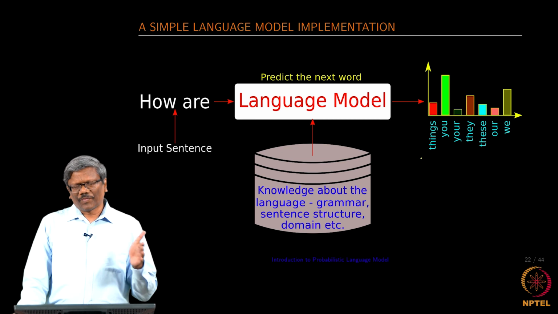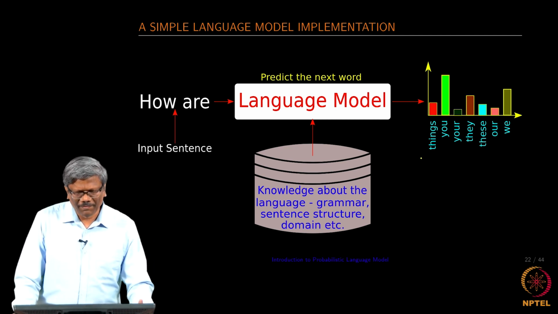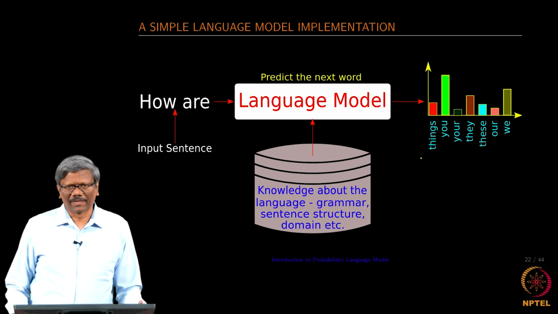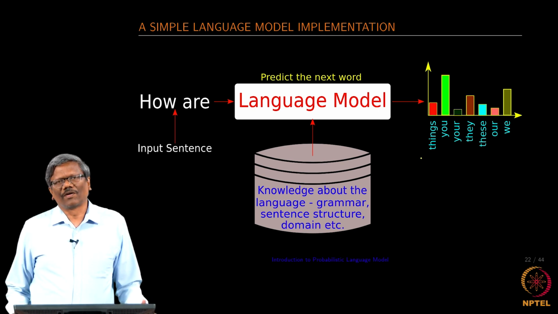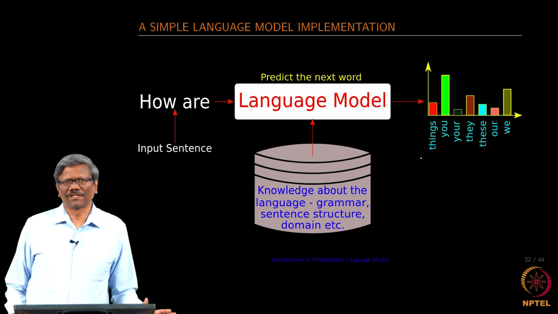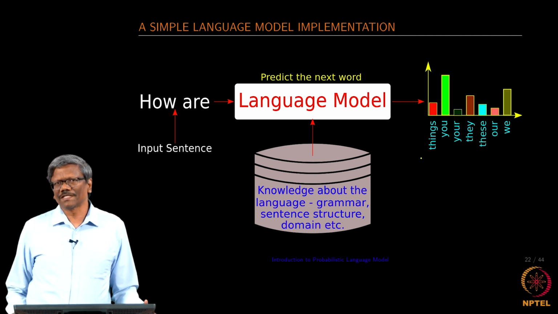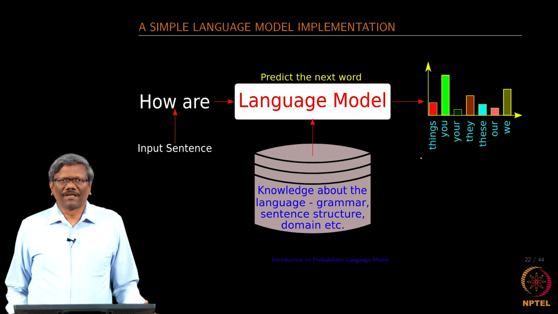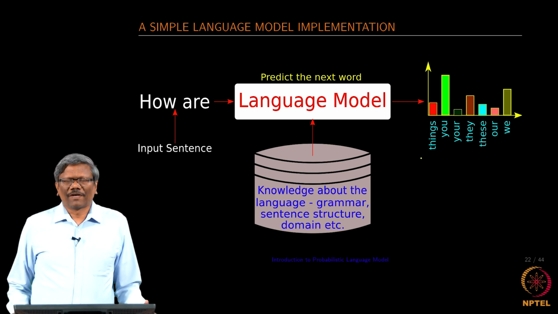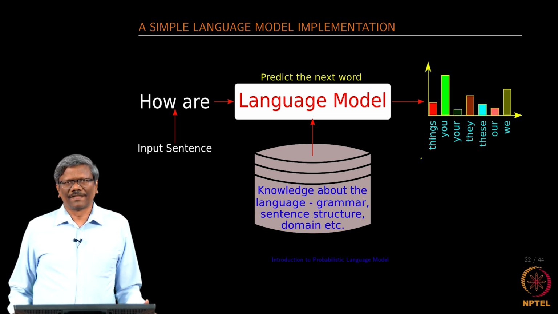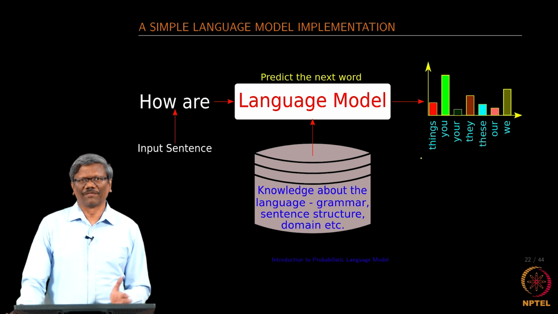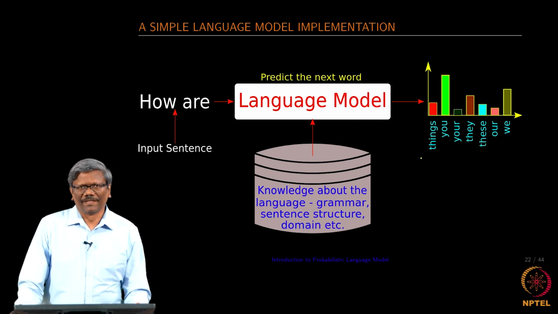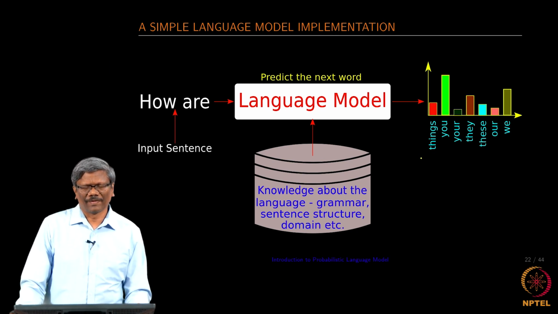So, the language model that we are talking about using probability contains two things. One is finding or predicting the next word given the first two, three or four words. Or, if you are given a sentence, trying to find the probability of that sentence occurring in a given corpus, or the legality of that sentence in that particular corpus.